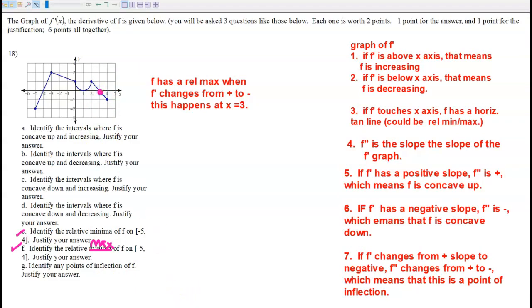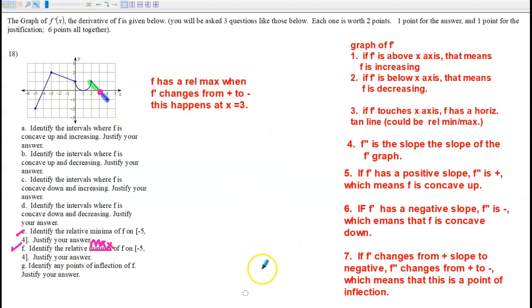Because to the left of that point, f prime is above the x-axis, which means it's positive. And to the right of that point, it's below the x-axis, which means f prime is negative. And so when f prime changes from positive to negative, that means you have a relative max. So f has a relative max when f prime changes from positive to negative, and this happens at x equals 3.